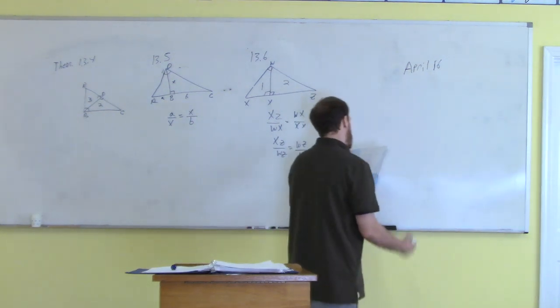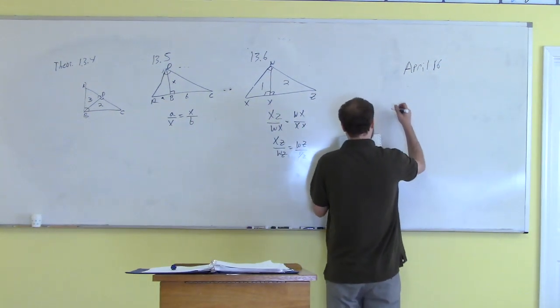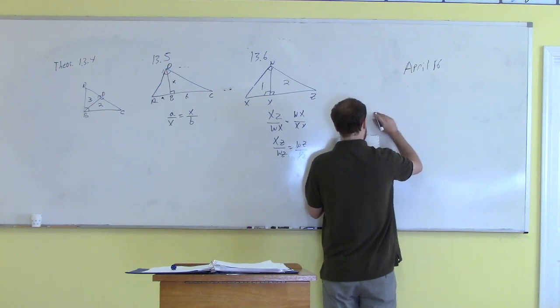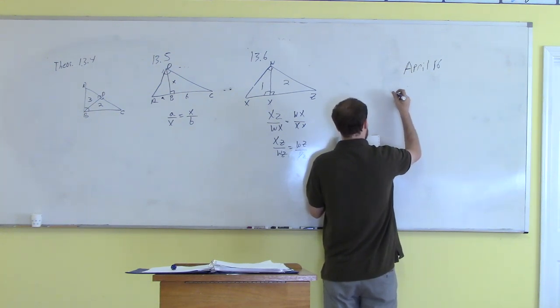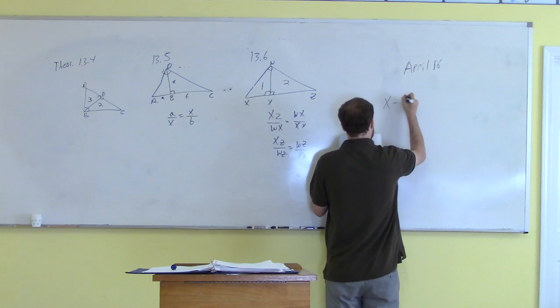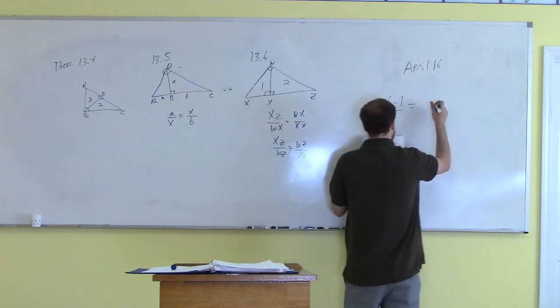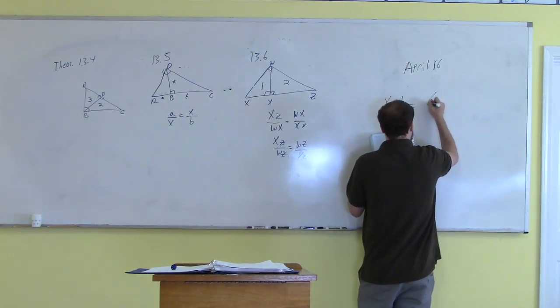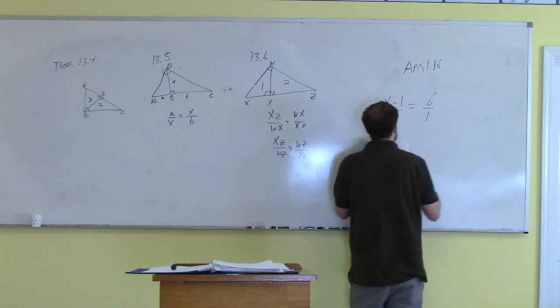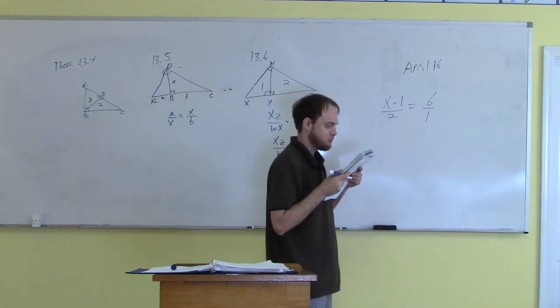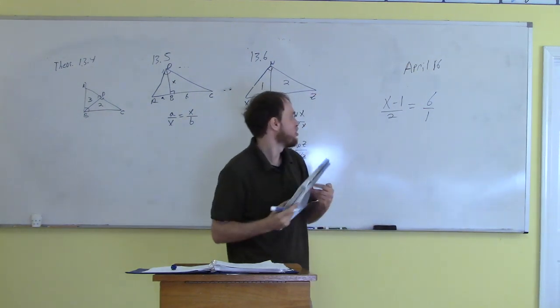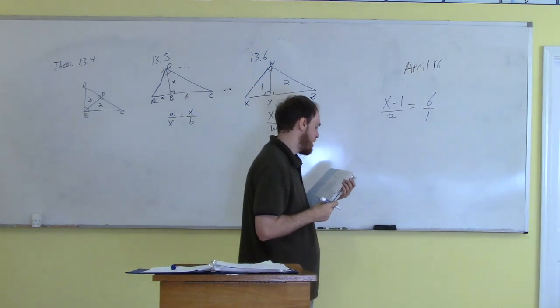Number 4, I'll make one up about like that. We'll say x minus 1 over 2 equals 6 over 1. So something similar. Again, you're going to cross multiply on this.